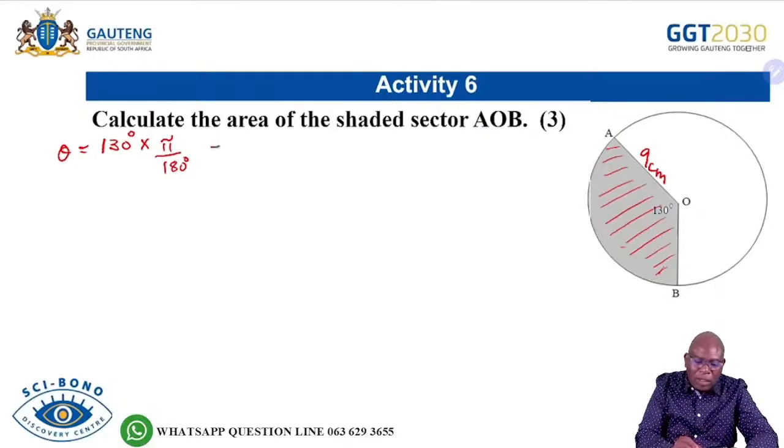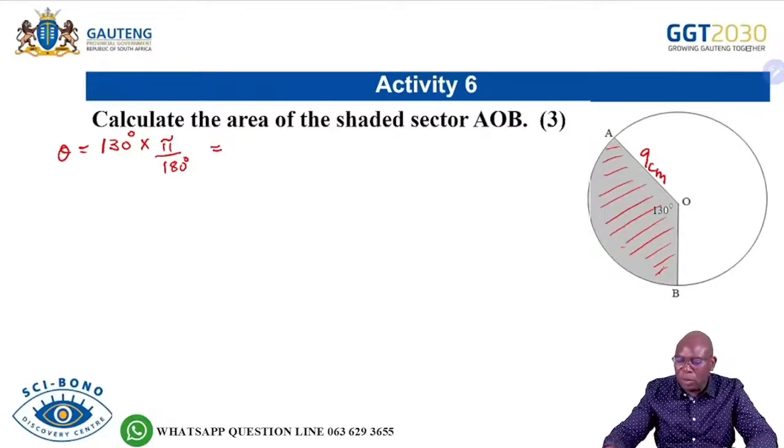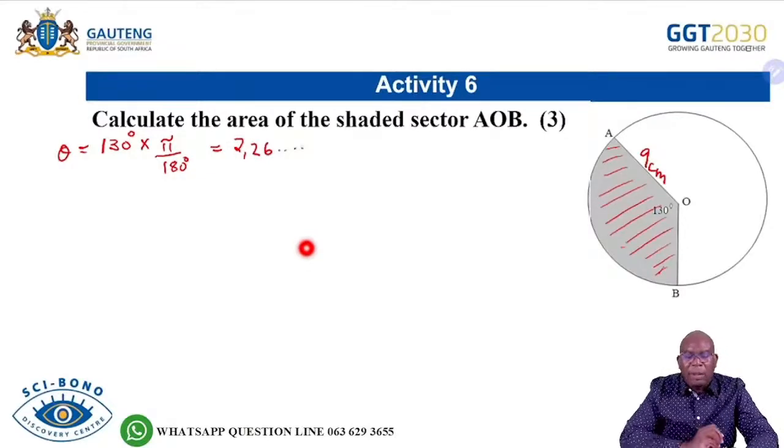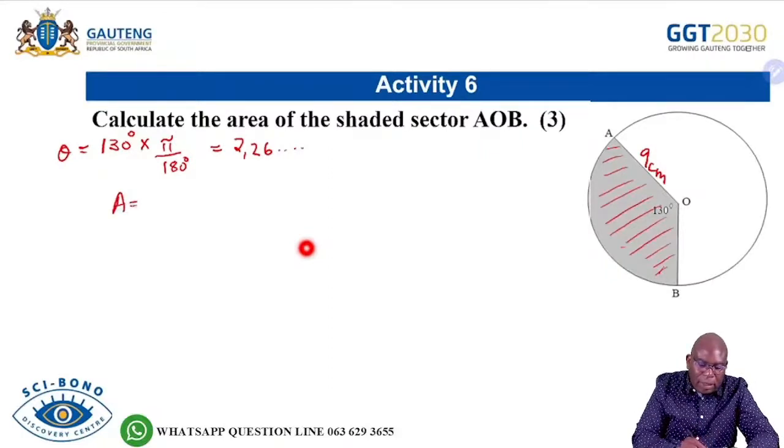After I've changed my angle to radians, that's 130 multiplied by pi over 180 degrees. So I'm going to get 2,26. Then I'm going to say the area equals half r squared times the angle.